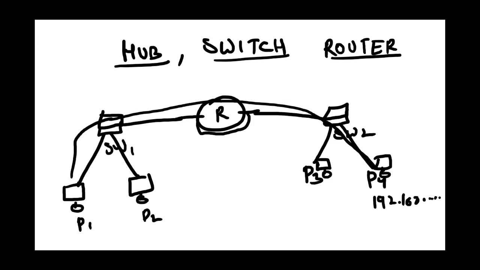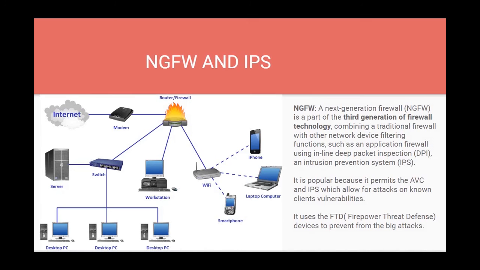So now let's move into the next slide. Let's talk about the NGFW. NGFW is a third generation firewall combining a traditional firewall with other network device filtering functions, such as an application firewall using inline deep packet inspection, DPI, and the intrusion prevention system, IPS. NGFW provides full layer 7 inspection to provide security in your network.